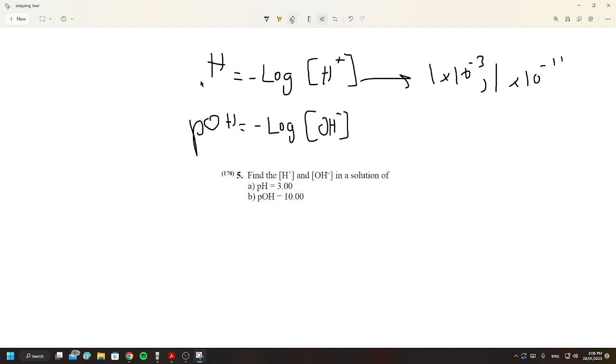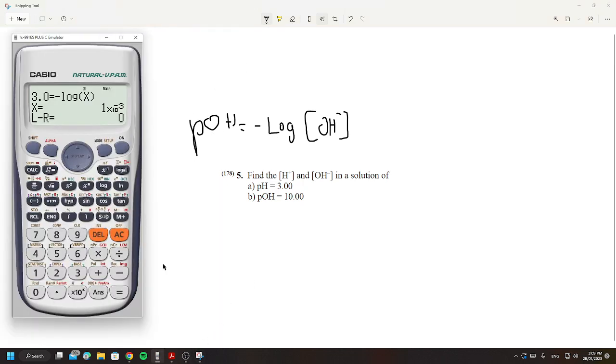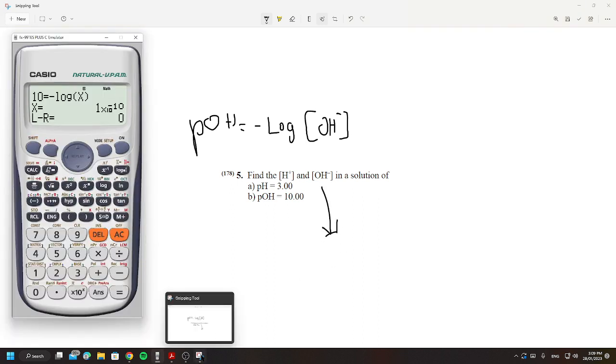So, let me just erase this. pOH is equal to negative log OH. So, calculator, here they give us pOH to be 10, so 10 equals negative log x. So for x, concentration of OH minus in this case, what was it? 1.0 times 10 power negative 10.